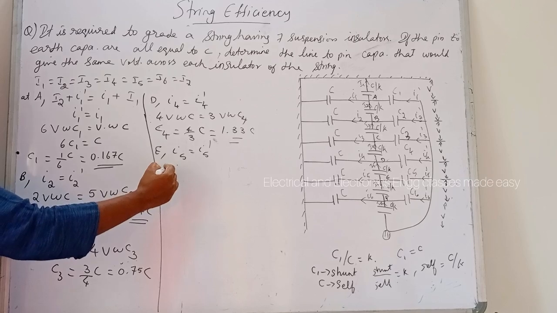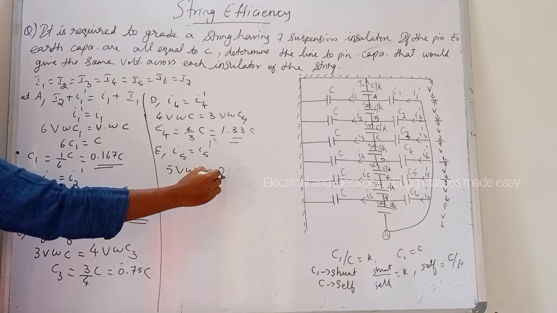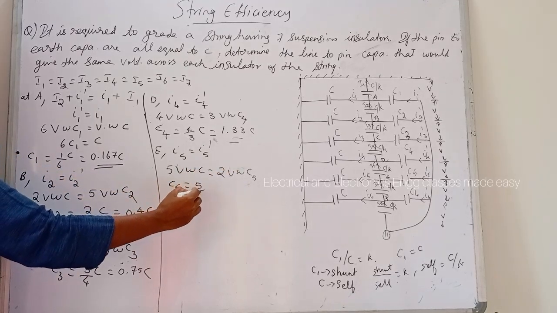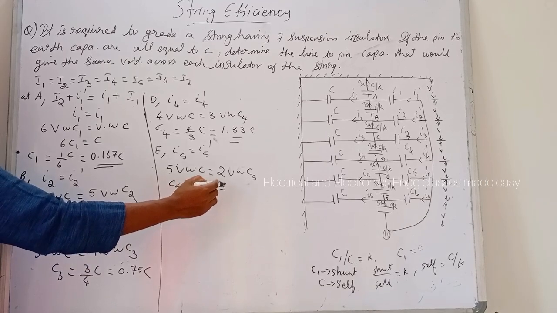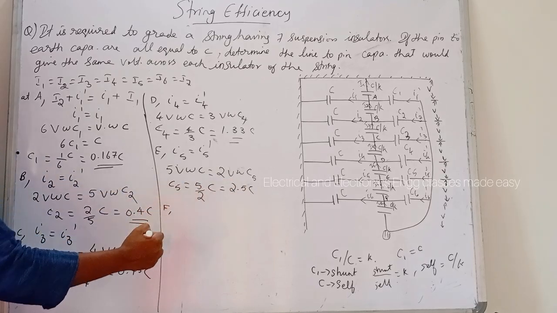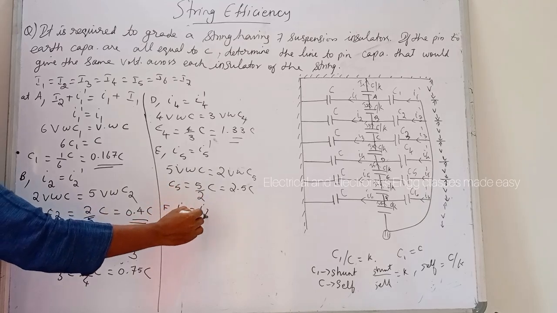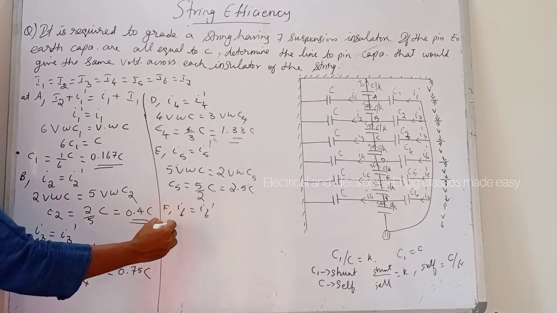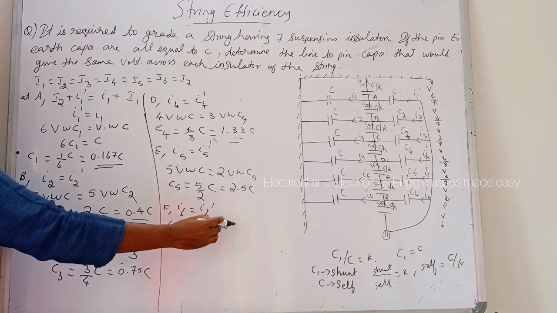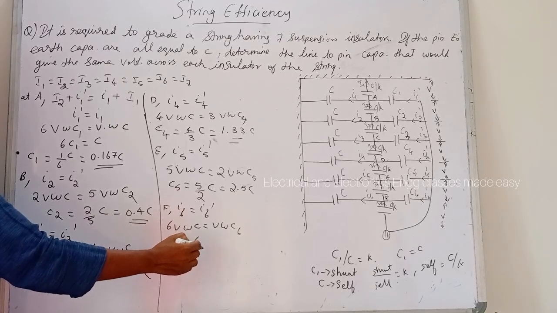So I5 is 5V omega C, equal to 2V omega C5. So C5 is equal to 5 by 2 C, and that is equal to 2.5 C. Similarly, at junction F, we will get I6 is equal to I6 dash, that is 6V omega C equal to V omega C6, that is C6 is equal to 6C.